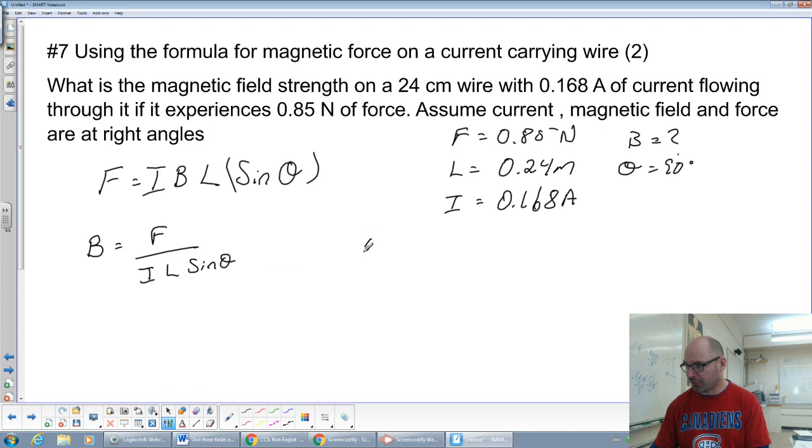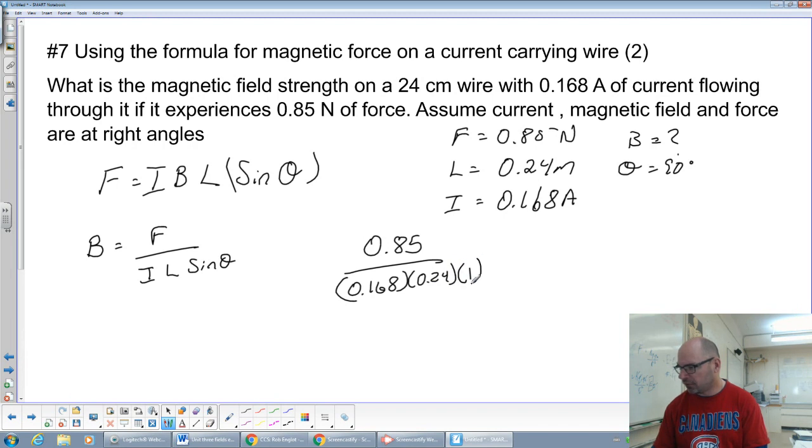So if we do that, we go 0.85 newtons over 0.168 amperes times 0.24 times 1. And that's going to give us our answer.